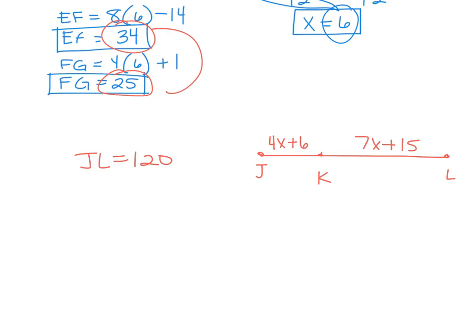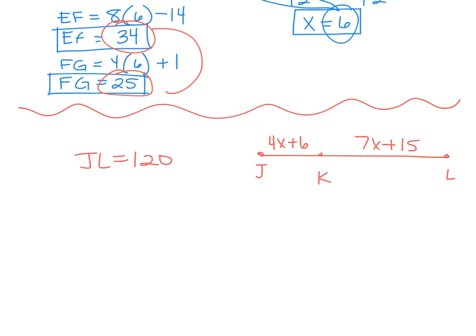All right, so let's say this is the information we know. JL is 120, JK is 4x plus 6, and KL is 7x plus 15, okay? Tell someone around you what you would do to solve this.